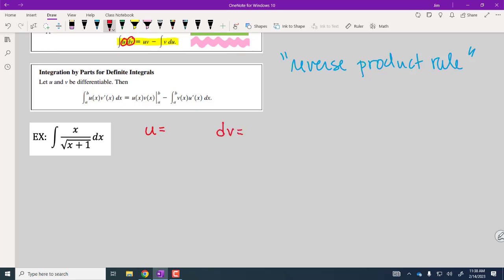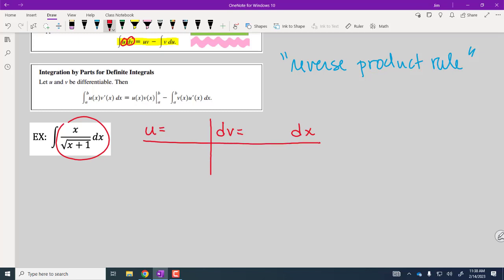We want to take whatever this integrand is and split it into two pieces, u and dv. The dx has to be over here with the dv. We can't have the dx with the u. So we have to split this apart, and let me put a couple of lines here.